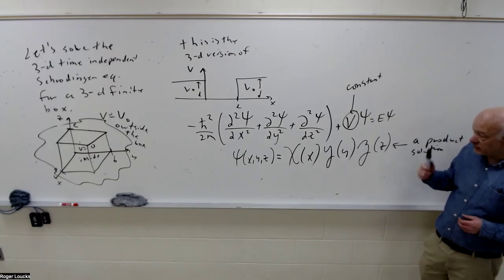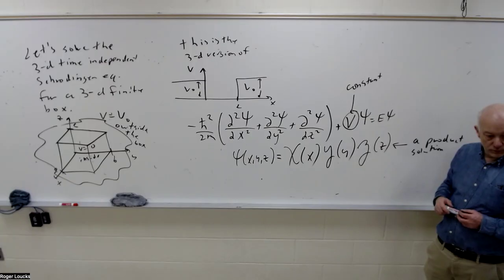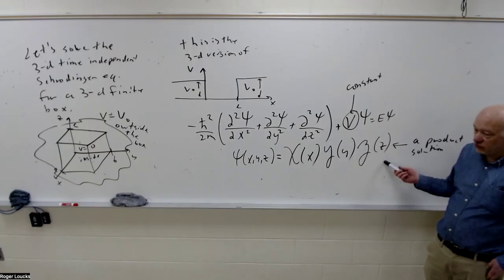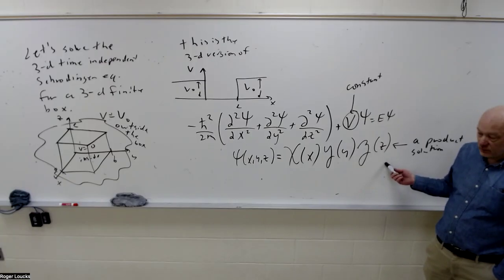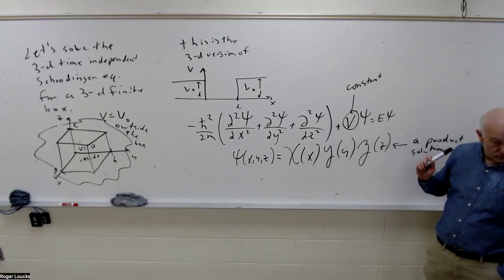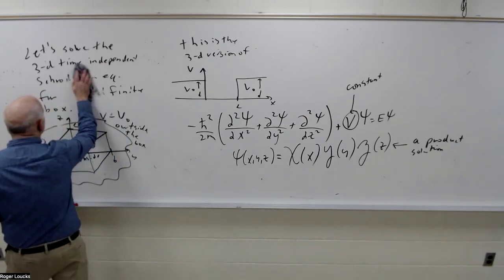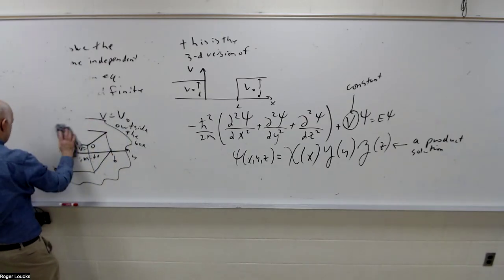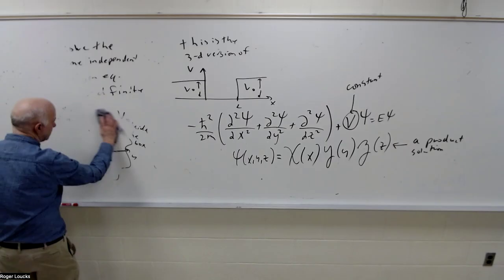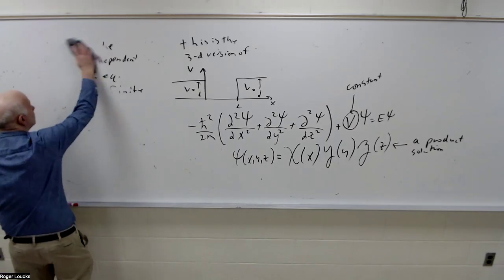Okay, what do we always do with this? We always take the solution and substitute it back into these. So before I do that, I'm going to clean this up a little bit.